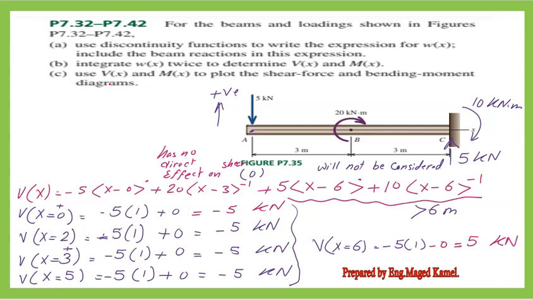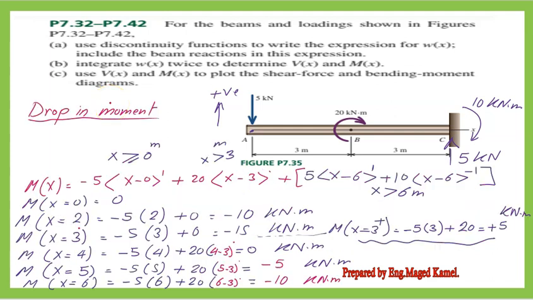We have minus 5 kilonewton. At the last point, at x equal to 6, we have V equal to minus 5 by 1 minus 0 equals minus 5 kilonewton. We have come to the end of the estimation of the shear values from x equal to 0 to x equal to 6 meters.